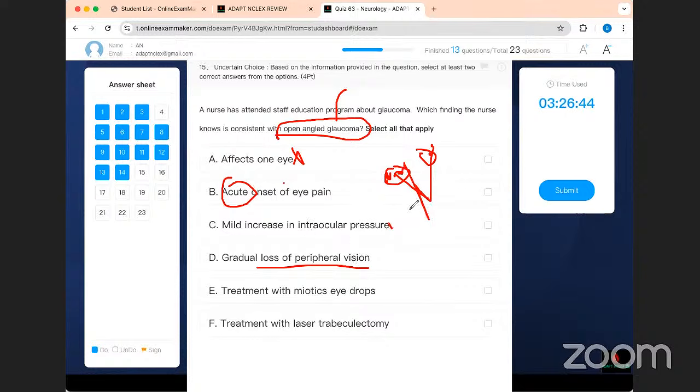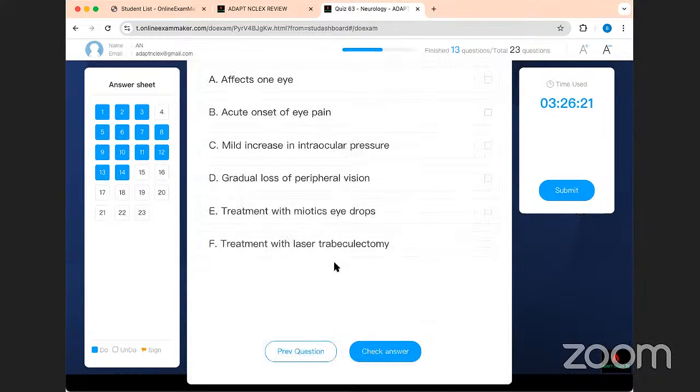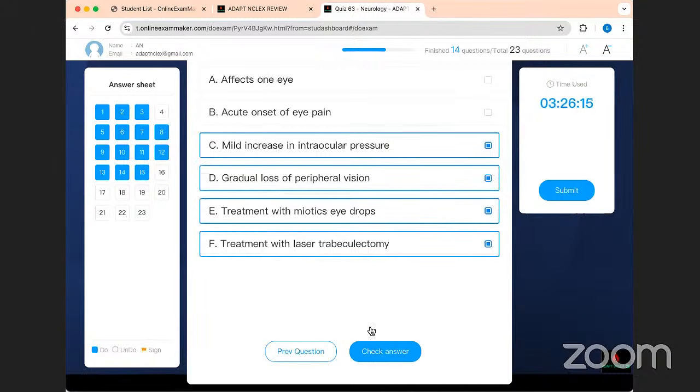It's due to increased intraocular pressure, and there's a gradual loss of vision. You can use eye drops to treat it, or you can do a trabeculectomy. So this is the treatment for open angle glaucoma. But it's not acute onset. It does not affect only one eye, it affects both eyes, and it's not an emergency. So these are your answers.